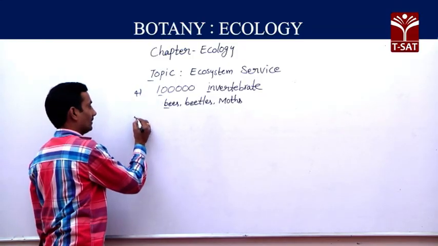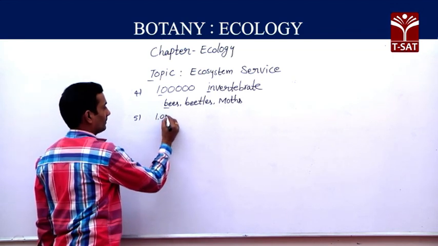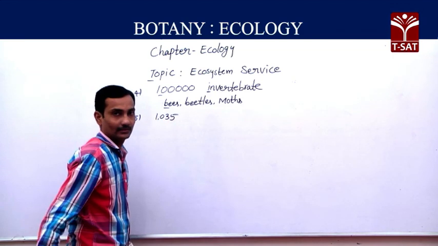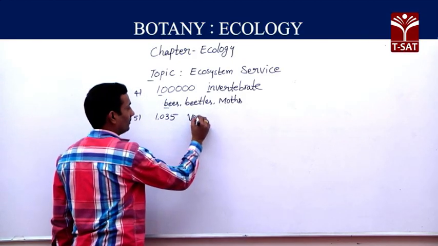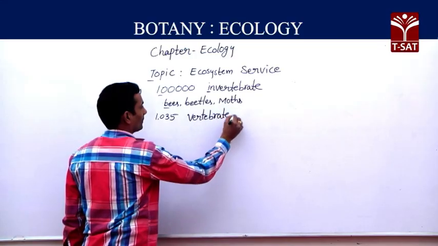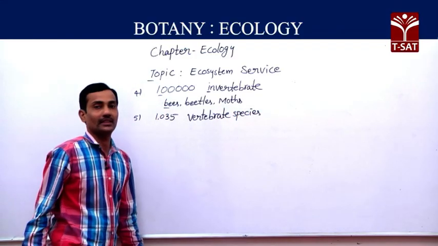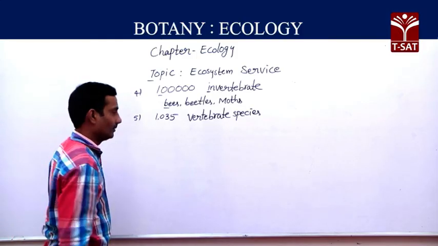Whereas in the fifth point, if you see here, 1035 vertebrate species also participate in the pollination mechanism.